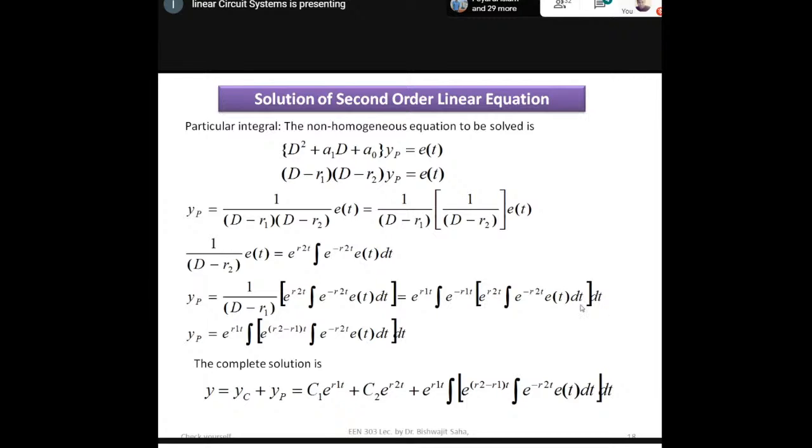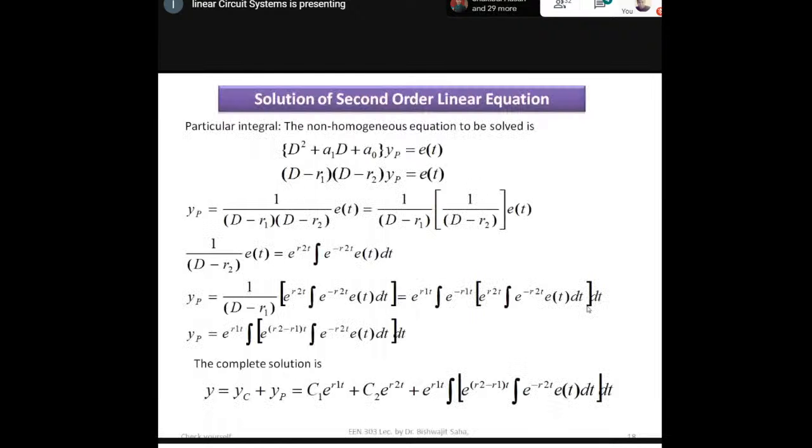After that, rearrange the equation again, doing the integration itself. Inside you don't need to do integration yet. Just hold it up to this point, because here is the multiplication factor, e to the power minus r1t and e to the power r2t.